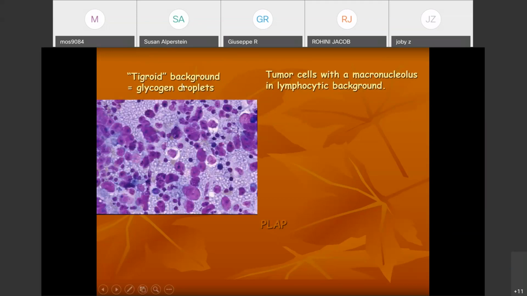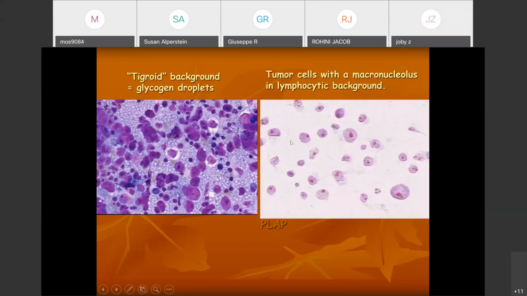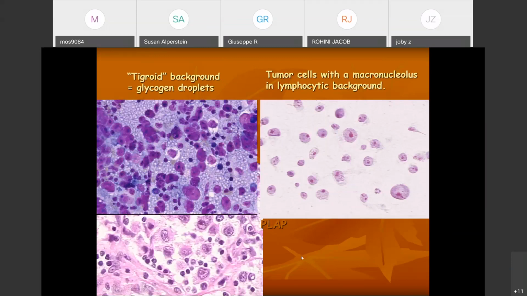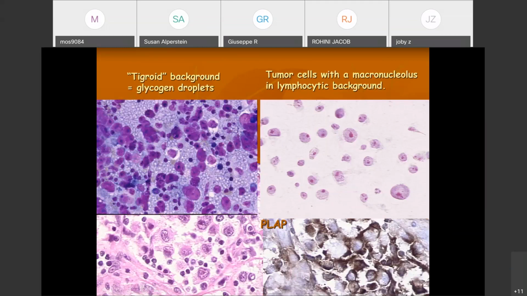You have a clear background because of the glycogen droplets, all those are glycogen. Tumor cells with macronuclei and a lymphocytic background. Positive. It's very easy, a straightforward presentation.